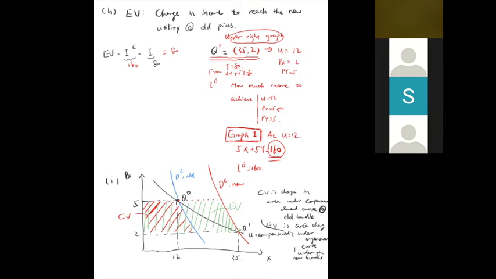Now, if we compare the size of these two areas, we know that the EV is actually larger in size or in magnitude.